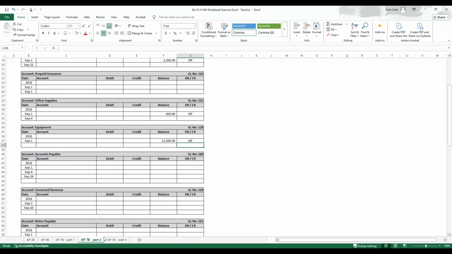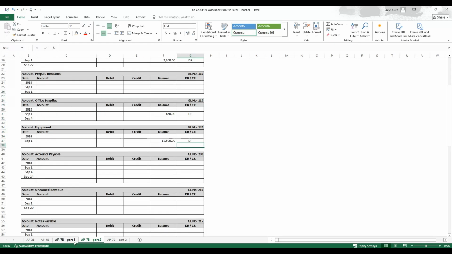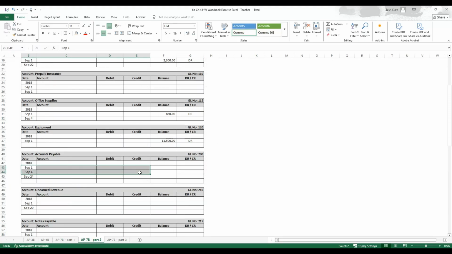And then let's start looking at our liabilities here. And you can see, hopefully you're following me, you can toggle between these. That's important here. So accounts payable had a $3,400 opening balance.